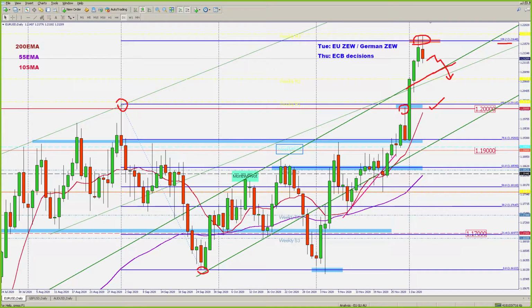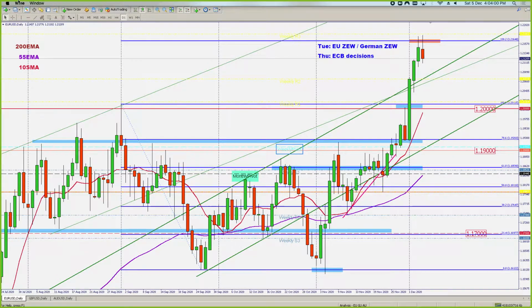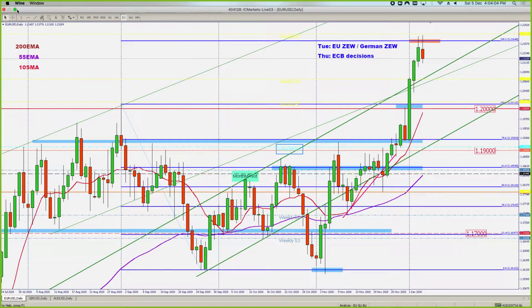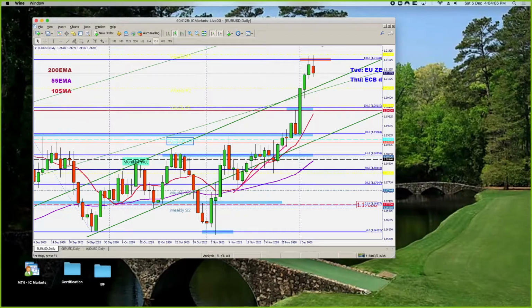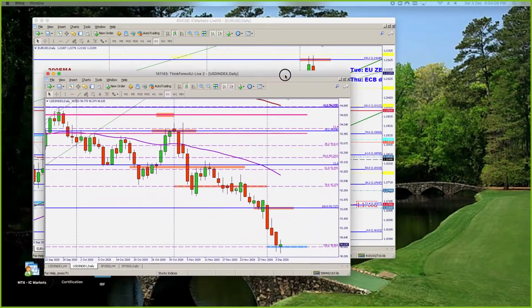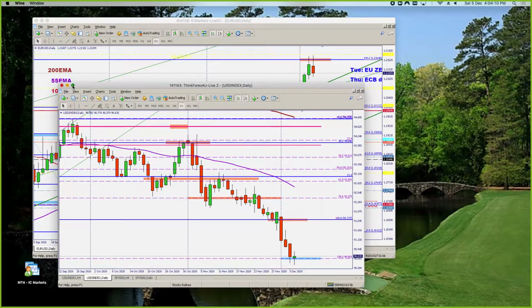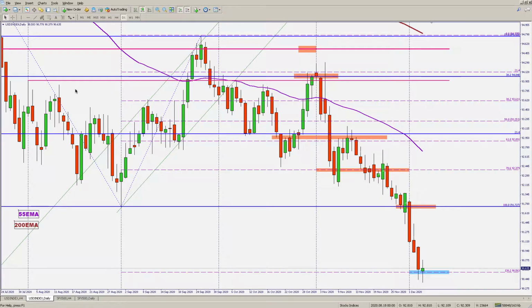All right. Let's also take a quick look at the US dollar index to see the almost mirror image of the rise of the euro.